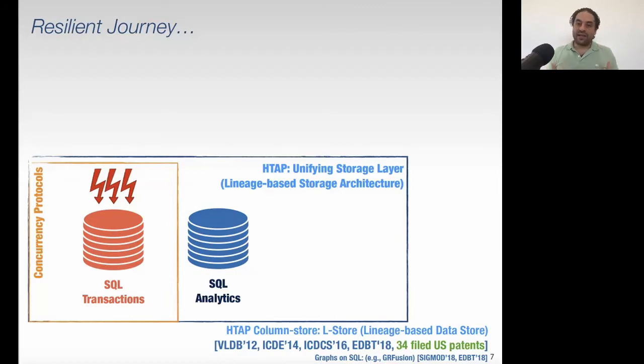And as part of that, we developed a lineage-based storage architecture, L-Store, that achieves that goal. And in doing so, we looked at every single layer of the database stack, from logging, recovery, index maintenance, trigger, concurrency, buffer pool, and this was a comprehensive work that took about 4 years.